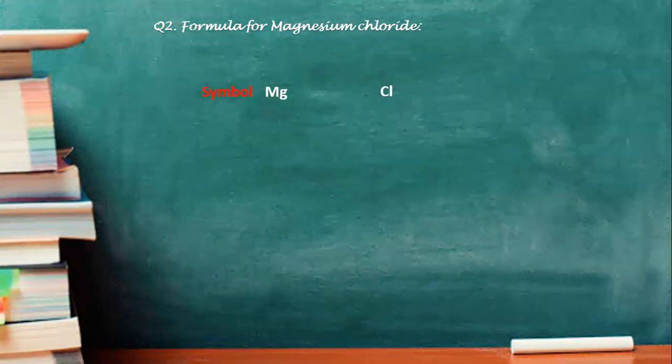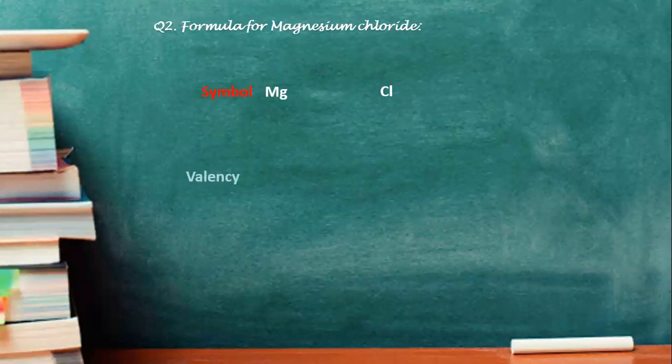Then let's go to the next formula. The next formula is magnesium chloride. So first write the symbol. Symbol for magnesium is Mg and that of chloride is Cl. Next step is to write their valencies.